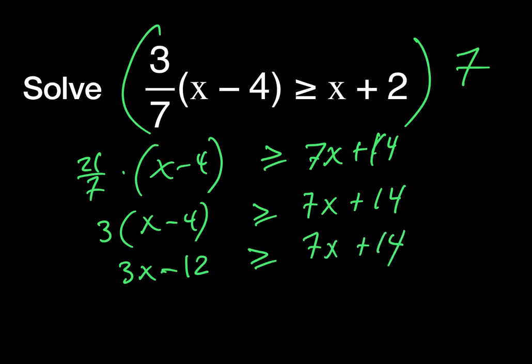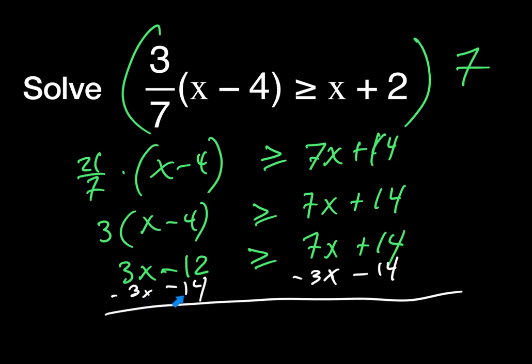And then, that's when I would start to move my variables to one side, numbers to the other. There is an easier way. The easier way, so that you don't make a mistake later, is to move it to the side that has more on it. There's more x's over here. So my process will be to subtract 3x from both sides. That'll move my x's to the right-hand side. And then I'm going to subtract 14 from both sides.